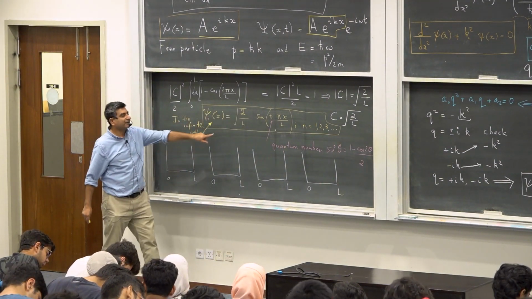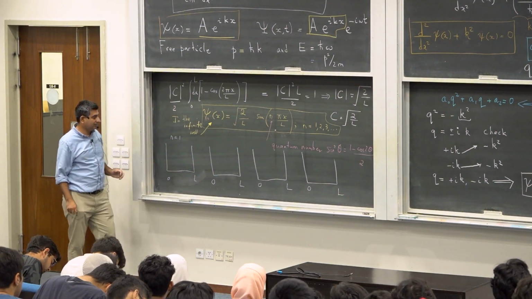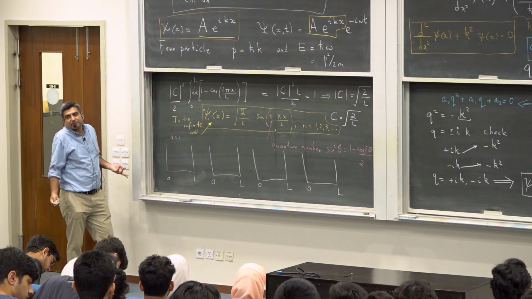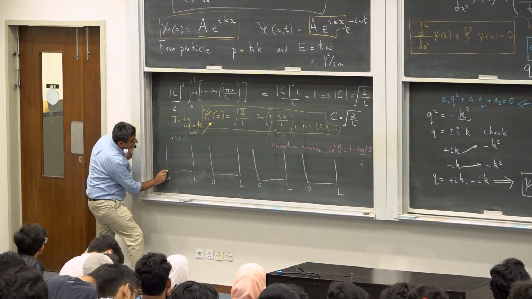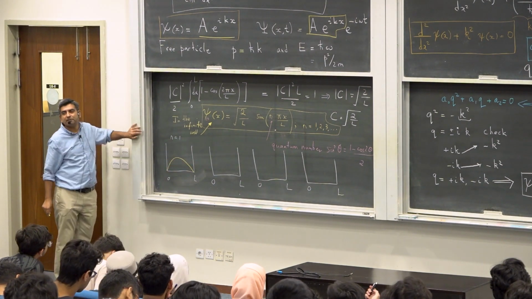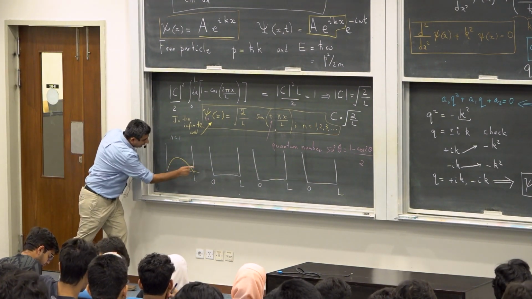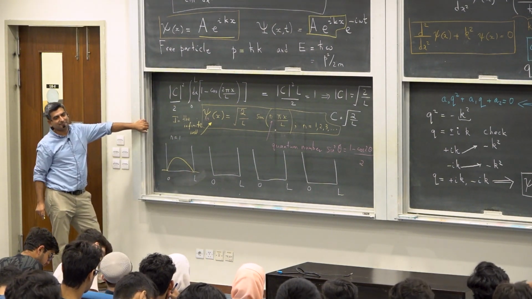So if I were to plot this with n equals 1, what will the function look like? Sine pi x over L. What does it look like? A sine function. And 0 here, 0 outside. Continuity is preserved.